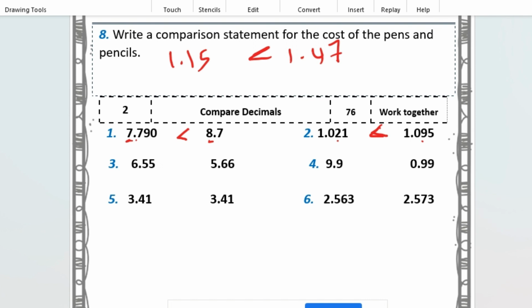In a similar fashion, we solve these kinds of questions like this. And always the sign goes towards the biggest number. Okay, these two are equal, so we put equal. And the first one is the same, the second one is the same, the third one, 6 is less than 7, so this is the answer. Okay.